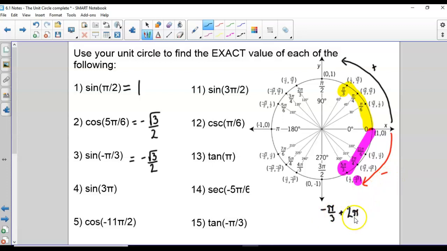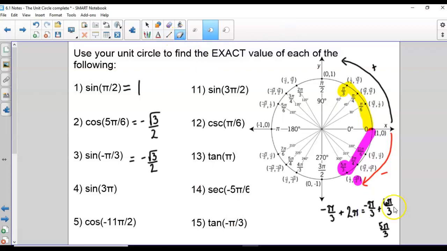So negative pi over 3 plus 2 pi is negative pi over 3 plus 6 pi over 3 if we get common denominators. That gives me 5 pi over 3, which is the spot that I ended up at here. So you can do that if it's one that's kind of harder to visualize.